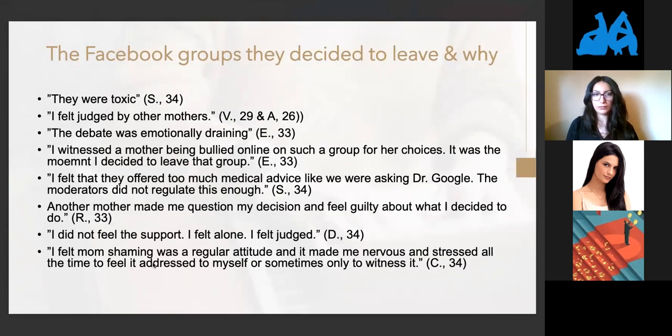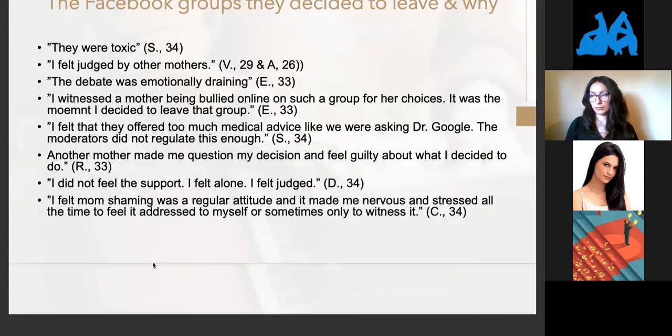The Facebook groups that they decided to leave and felt uncomfortable in, and why, some of the quotes: they were toxic, I felt judged by other mothers, the debate was emotionally draining, I felt that they offered too much medical advice, like we were asking Dr. Google, the moderators did not regulate this enough, I did not feel the support, I felt alone, I felt judged, I felt mom shaming, and so on.